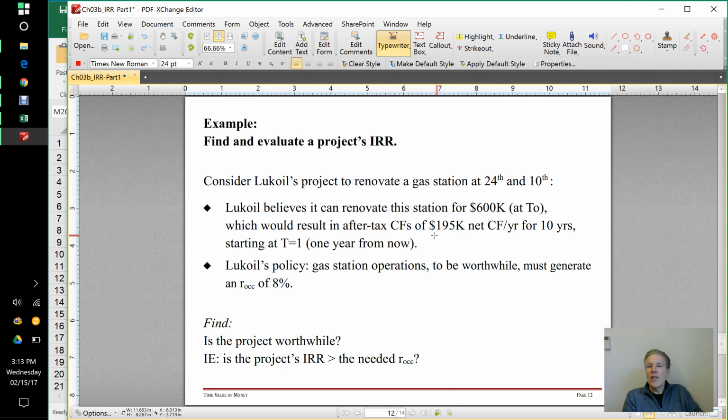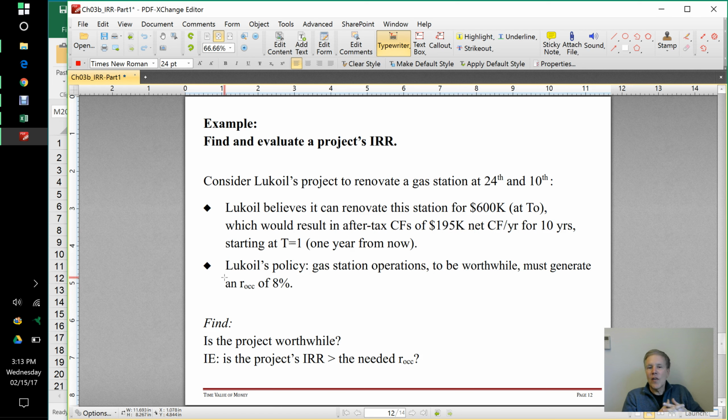And then 1 year from now, after all the dust has settled, they will have gotten 195,000. In year two, same thing, et cetera. And we assume all these payments happen at the end of the year. So the first one is at end of year one, then end of year two, et cetera. Okay, now how about their policy?